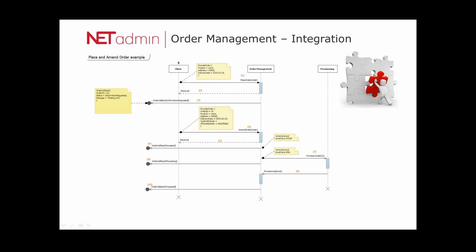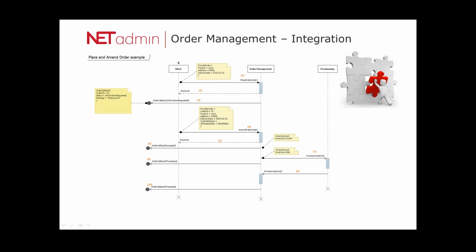So again, on step 4, the client will make another call to order management with amend request and provide more or less the same information as in the beginning, but also include the phone number as an attribute. And again, the order management in NetAdmin will respond back with a received message, which is a synchronous message back that, okay, we have received this message.